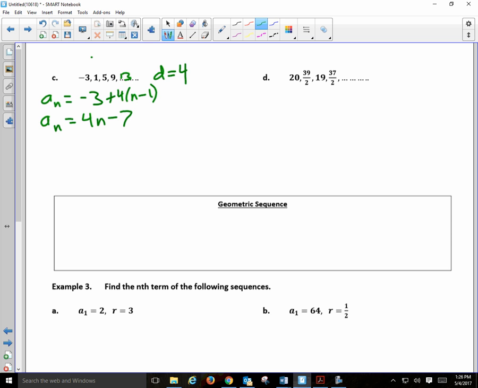So therefore, a sub 20, according to the rule of 62, is 62. Or not, because that's not a rule. We plug in 20 and we get 73. What's the difference for the next one?